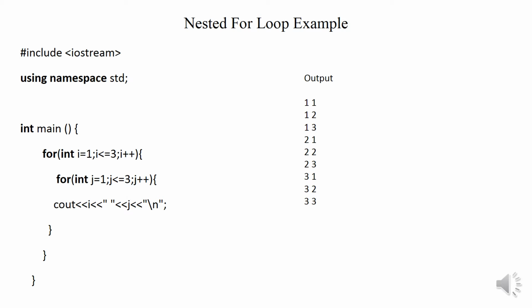So friends, here the value of i is increased. The value of i is what? 2. And for i equal to 2, j is executed for 1, 2, 3. And then next i is equal to 3, then j is executed for 1, 2, 3. So here the output is 1 1, 1 2, 1 3, 2 1, 2 2, 2 3, 3 1, 3 2, 3 3.